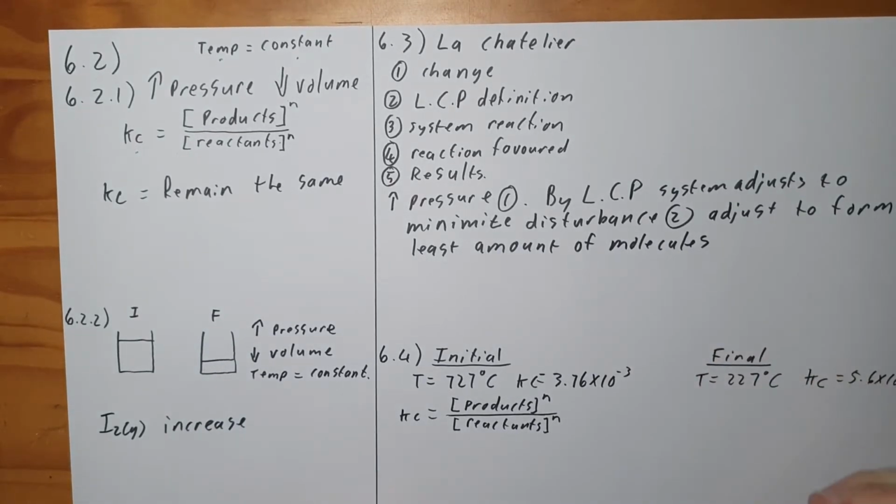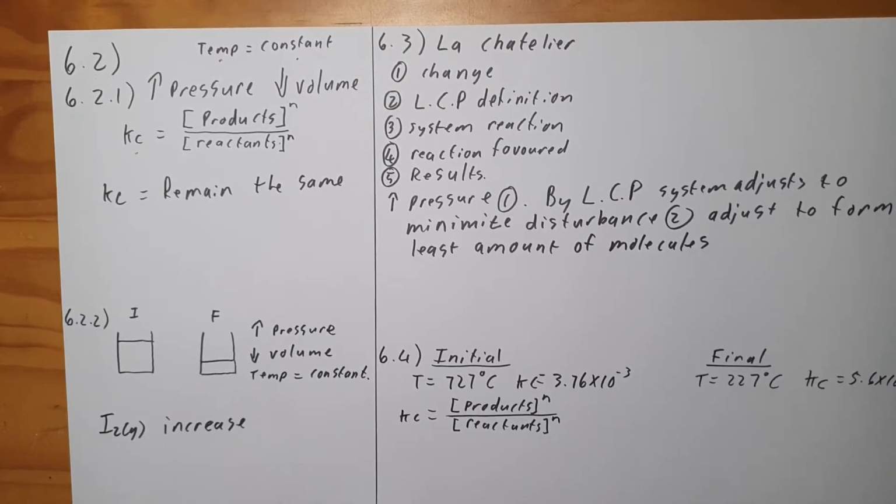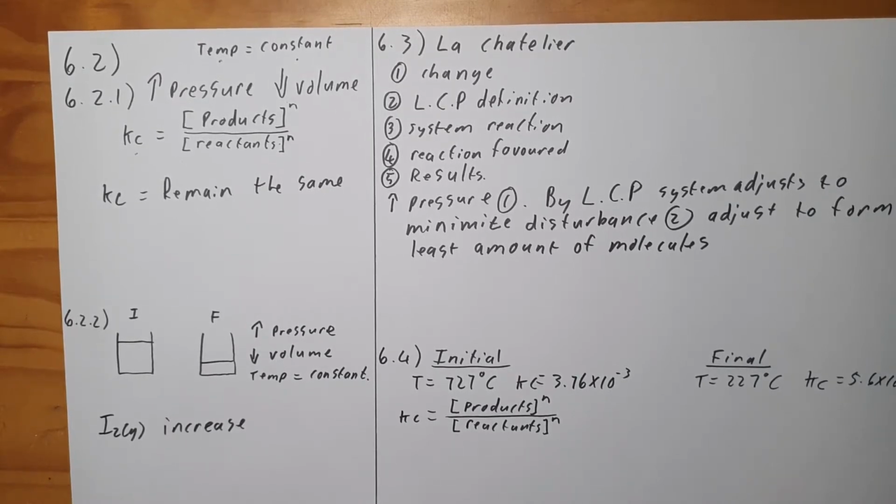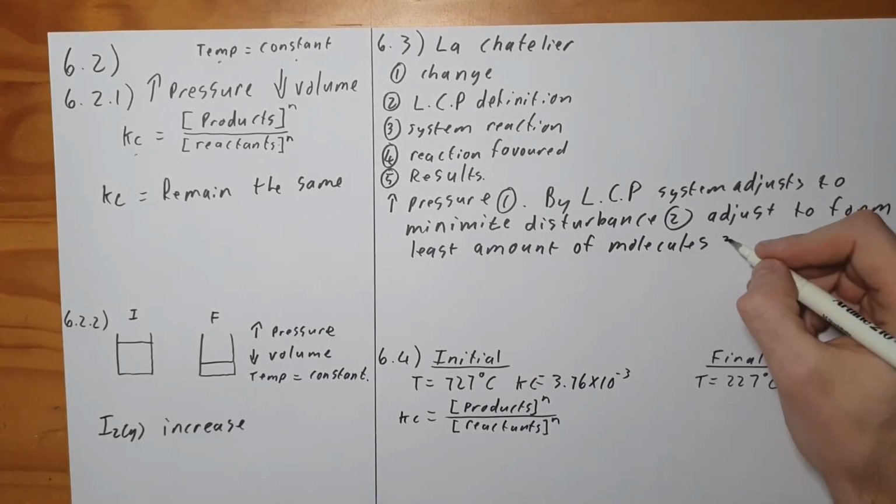Why? Because I have a smaller volume, so I'm trying to pack in as much as I can, and now the molecules have to rearrange in order for everything to fit into that volume. So therefore we're looking at what will give us the least amount in this case. And that is number 3.